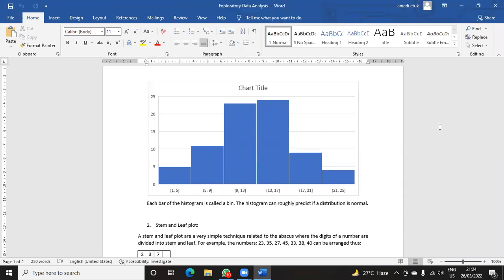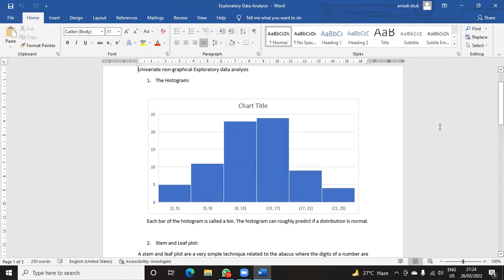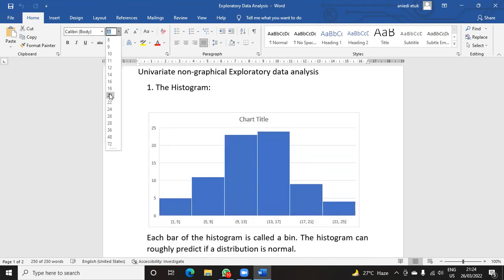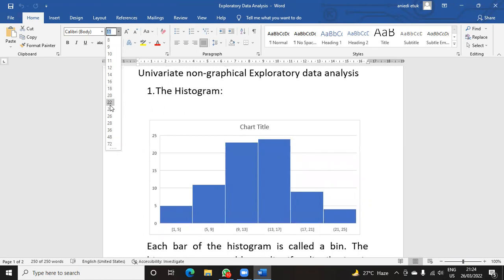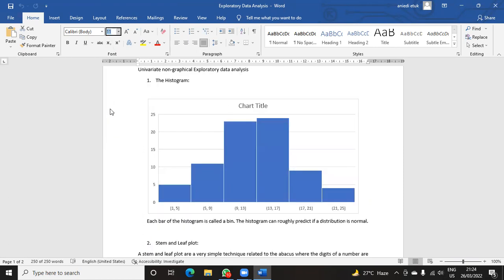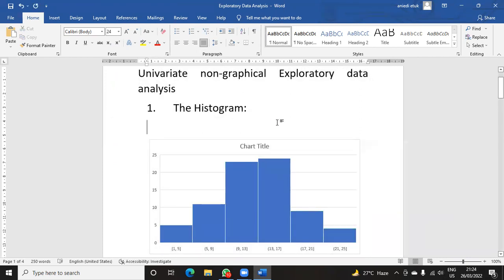This is how a histogram looks like. Let me see if I can increase the font size. All right, this is how a histogram looks like.